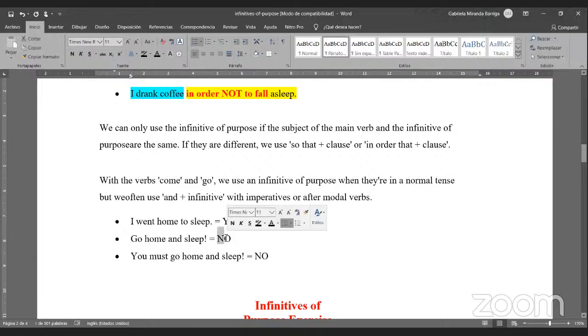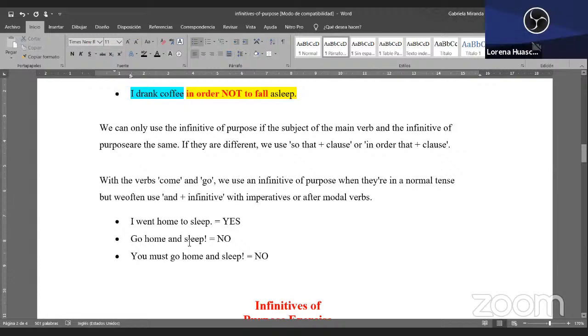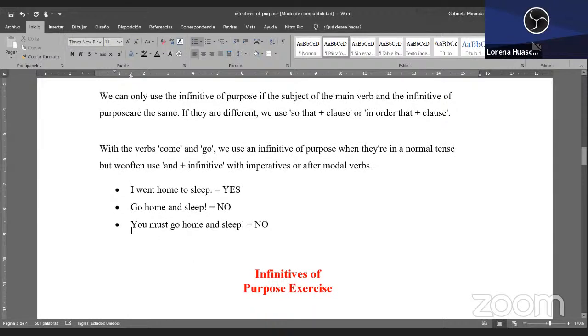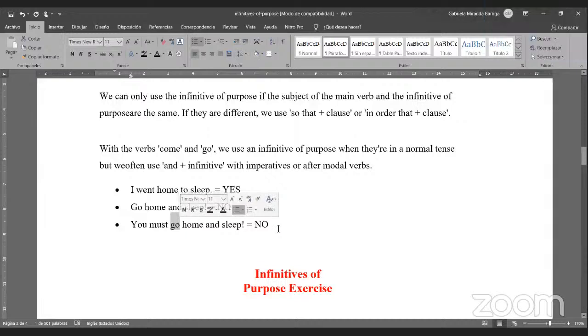No. Because we don't have to and we don't have in order to. And in this part, you must go home and sleep. Are we using infinitive of purpose? No, right? Why not? Because we are using an auxiliary. And this is not a purpose, it is more like an obligation. This is why it's not an infinitive of purpose, okay?